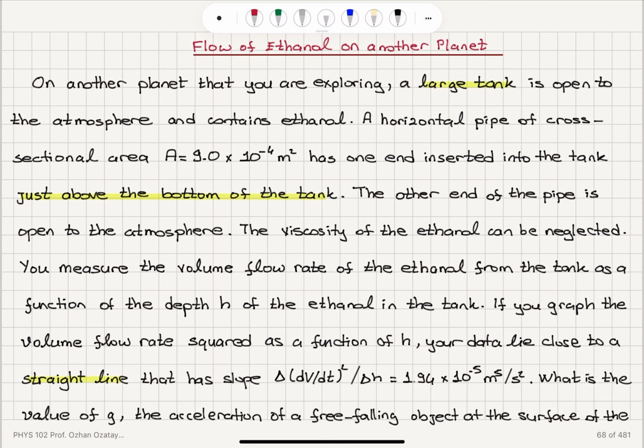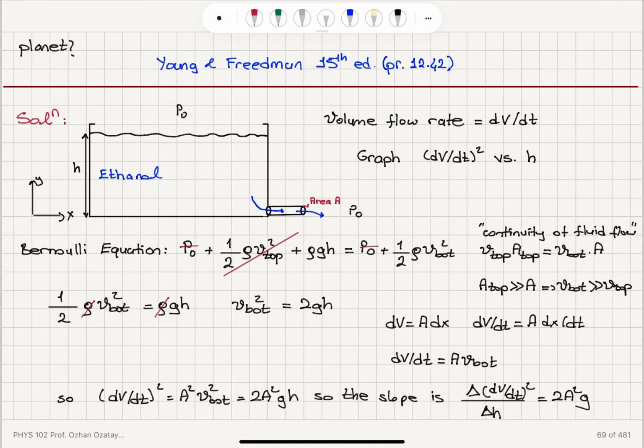So can we extract the value of g on this planet from this information? The volume flow rate squared, (dV/dt) squared, is graphed as a function of h. So according to Bernoulli's equation, also notice that here we're taking viscosity of ethanol neglected, so there is no dissipation mechanism here.